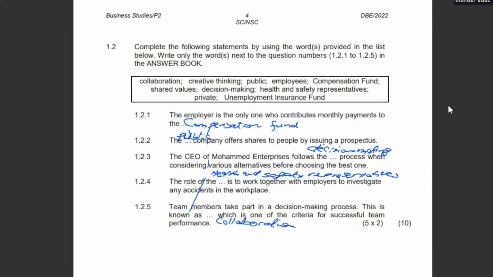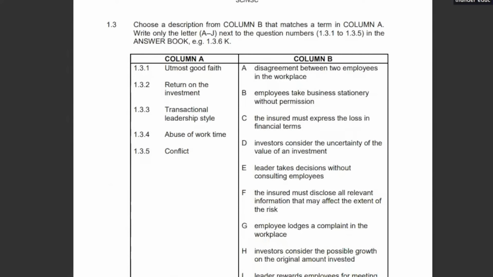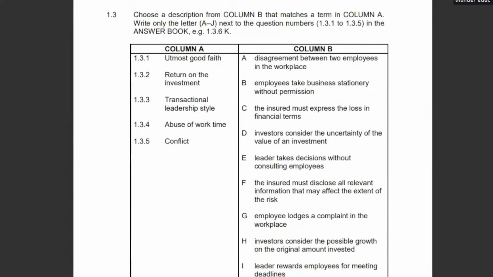Let's now move on to the next question, which is 1.3. It reads as follows. Choose a description from column B that matches a term in column A. Write only a letter A up to J next to the question number.